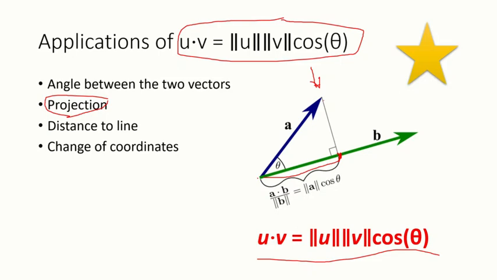You use this selected coordinate system, use B as your new vector, new x-axis, and you can compute the new coordinate values of A in terms of B rather than the original. Is that clear? Maybe I use one small example to show that.